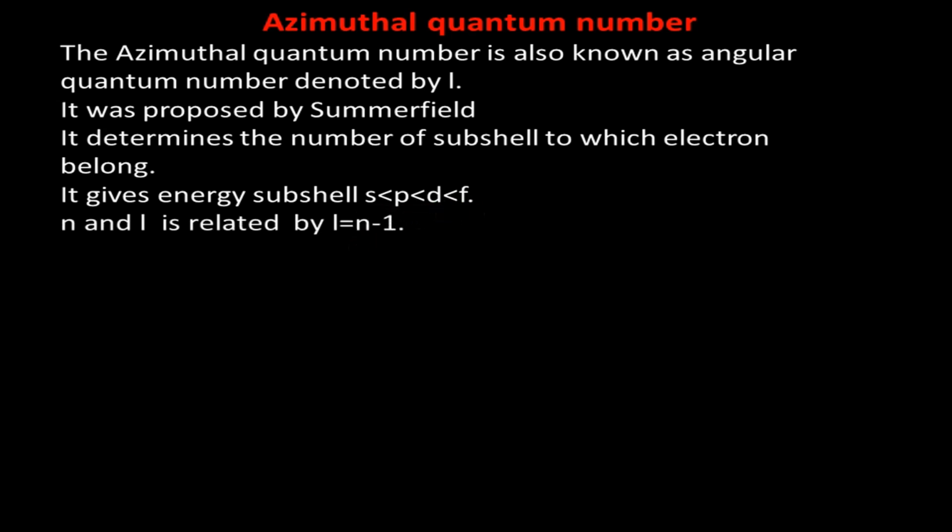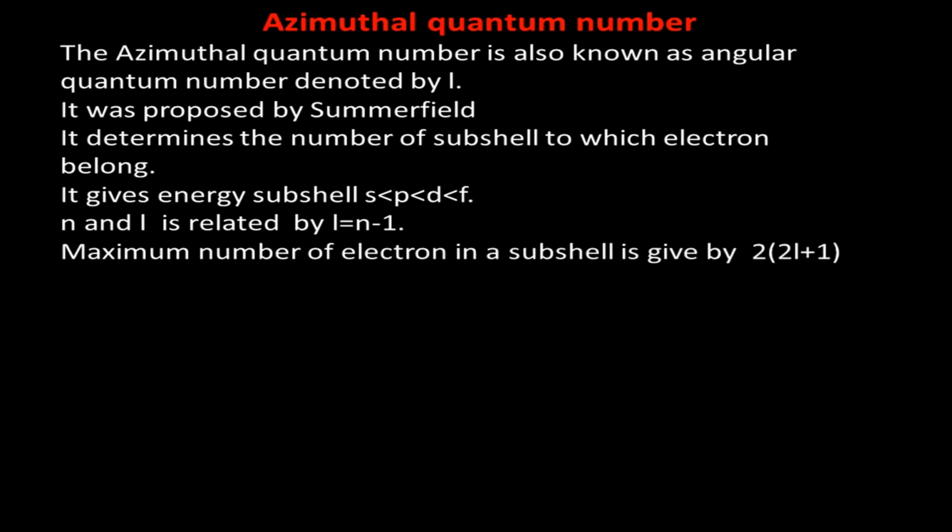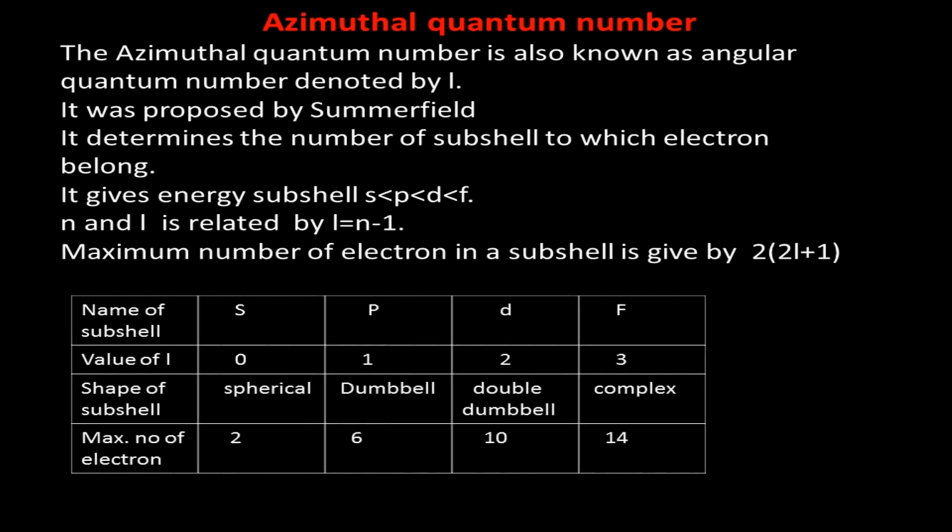So it gave the relationship E varies directly as ν, where E is the energy and ν is the frequency. E equals hν, where h is the Planck constant, and frequency ν is equal to c over λ, where c is the velocity and λ is the wavelength.